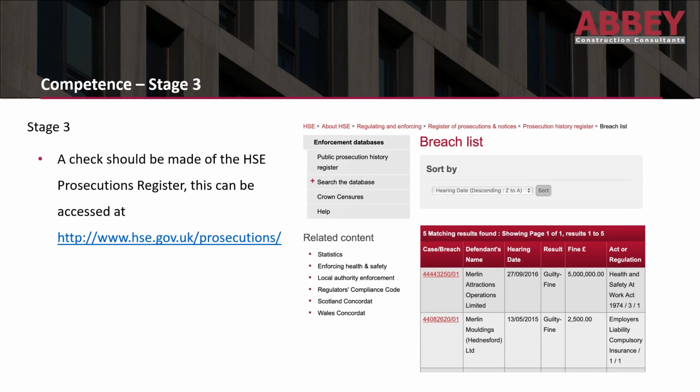And this one was against Merlin Mouldings, which was the young lady who had to have a leg amputated from the knee down on the ride. If you remember that one, 5 million prosecution plus another 2.5 million. But that's the information it gives you.